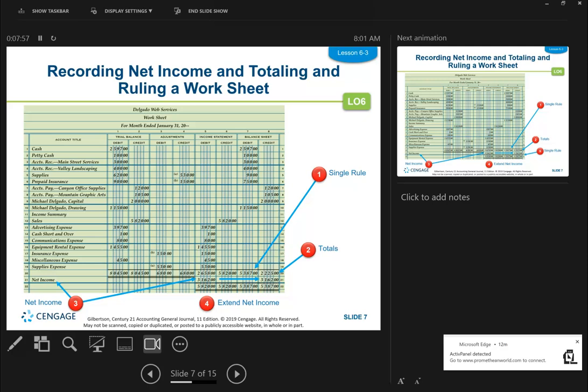We extend that net income into the balance sheet column. We do another single rule, so that's just drawing the line. And then we total the 2225 and the 3162 and get that 5387, which matches.